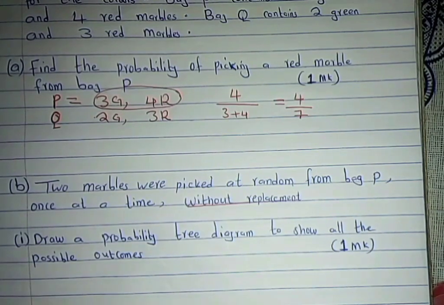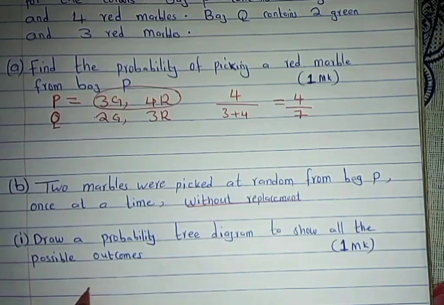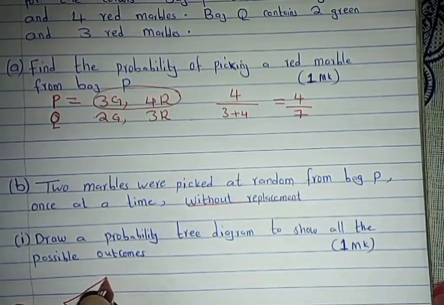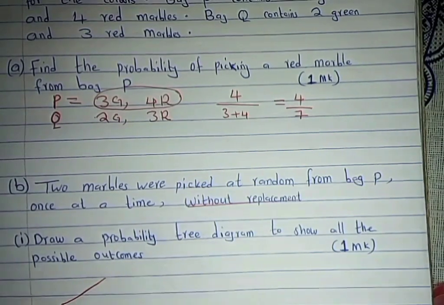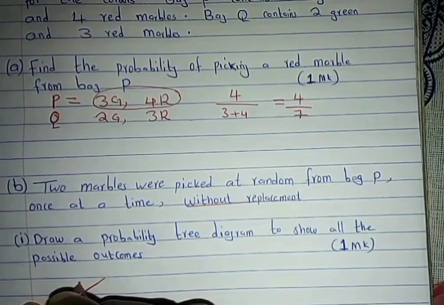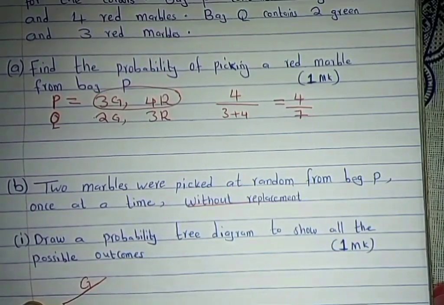So a tree diagram, we draw it like this. But we are dealing with bag P here. So the probability of picking, let's say green, and here is red.